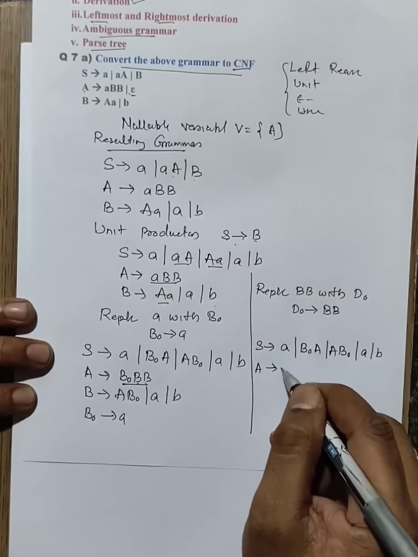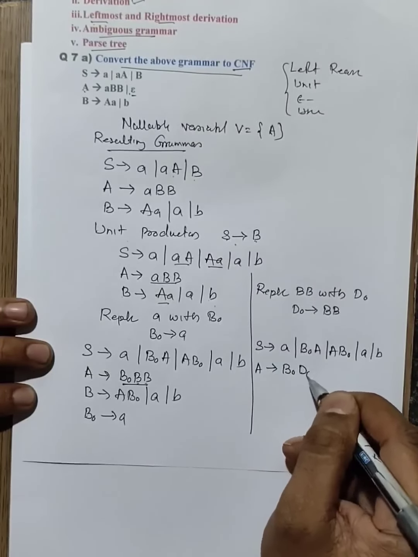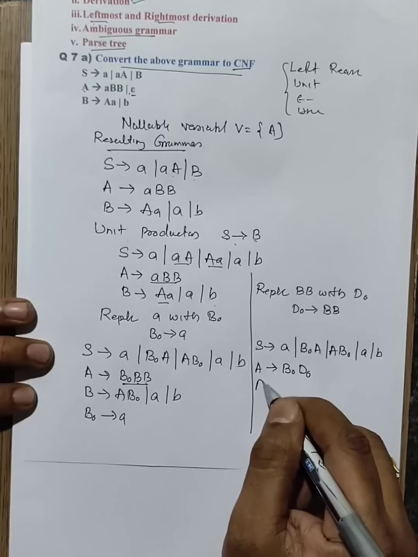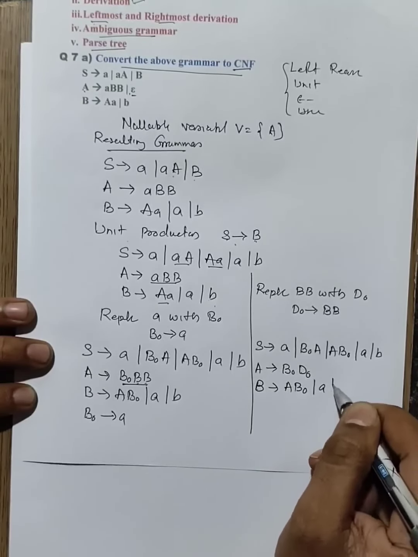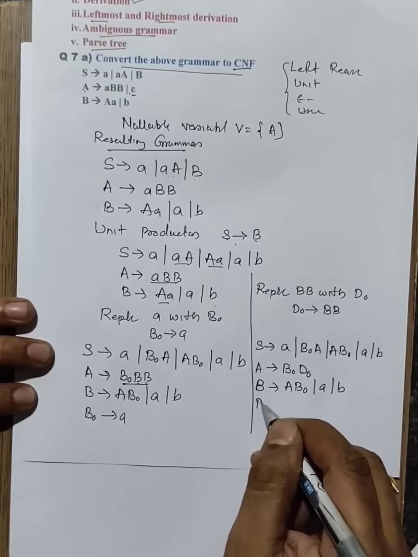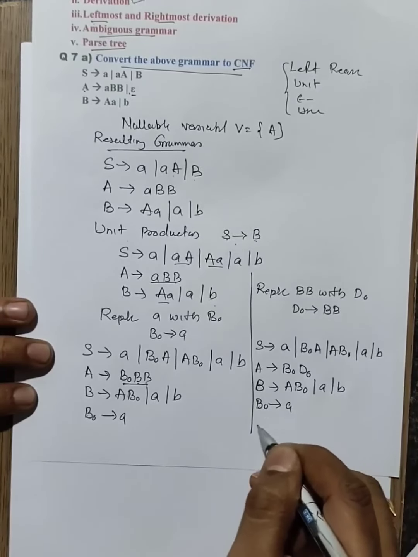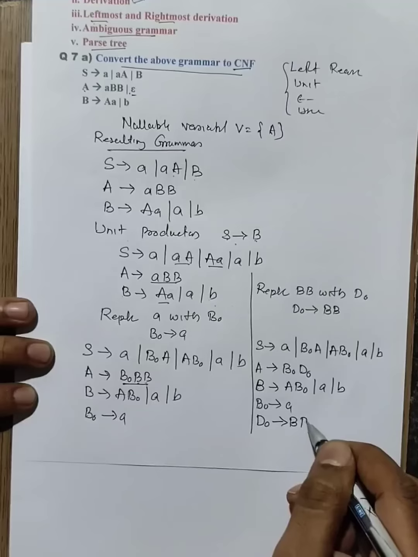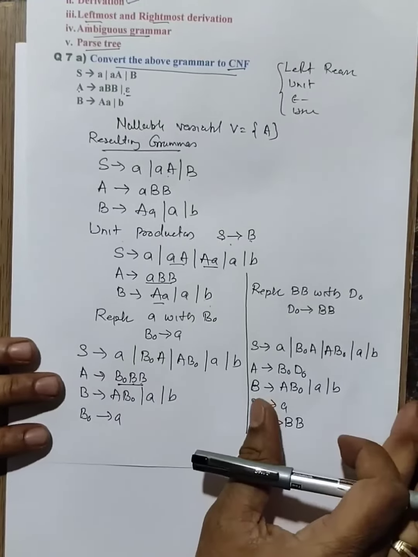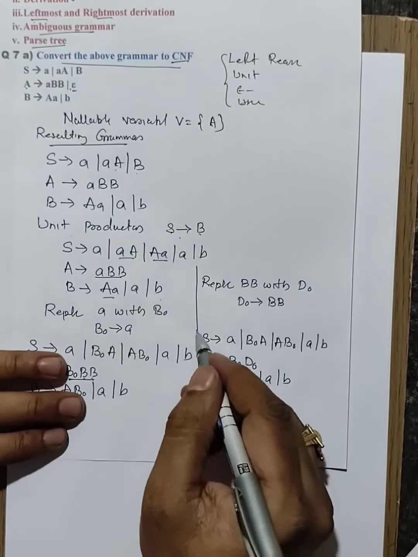Don't disturb that. B0 D0, then B produces A B0 A B, B0 produces A, then D0 produces B B. Thus this grammar is in CNF.